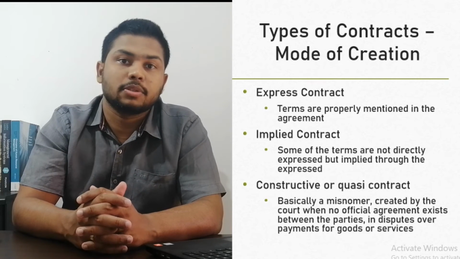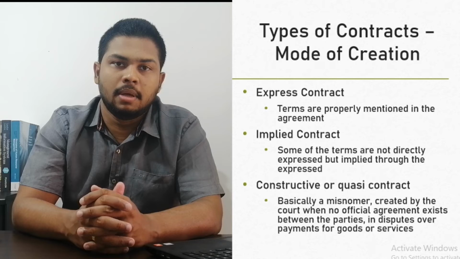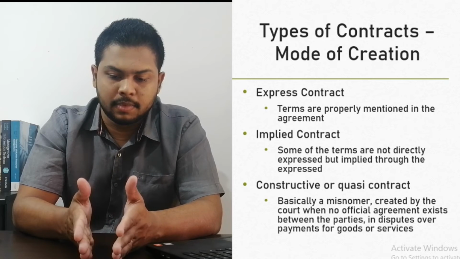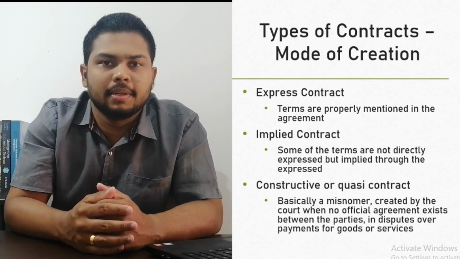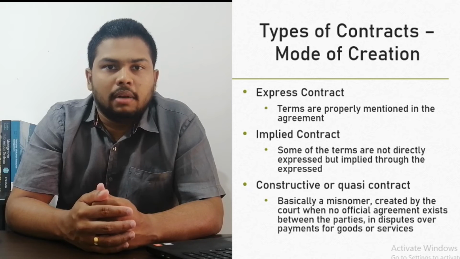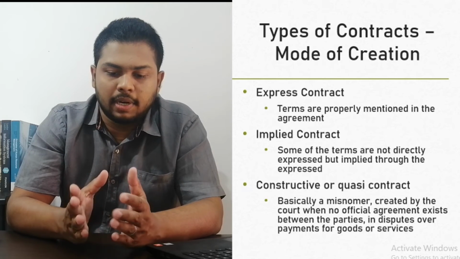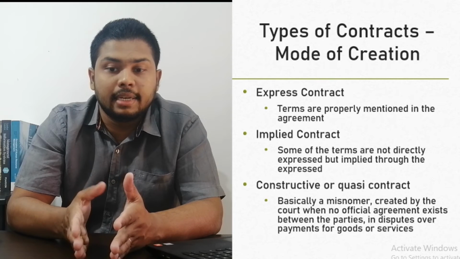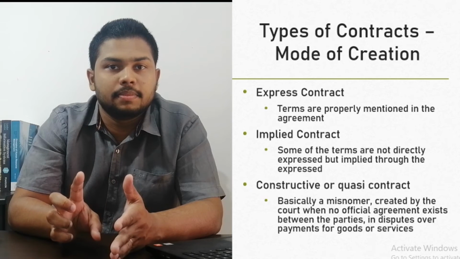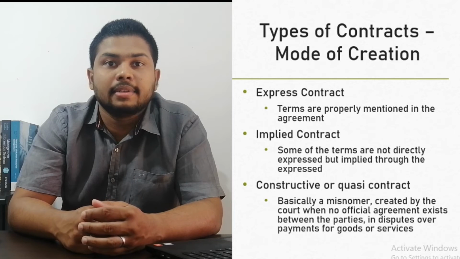And there are some contracts called implied contracts. Let's take a simple example. Think about a bottle which is half filled with water. Whatever I can see is that it is half filled with water, but someone can say the bottle is half empty.